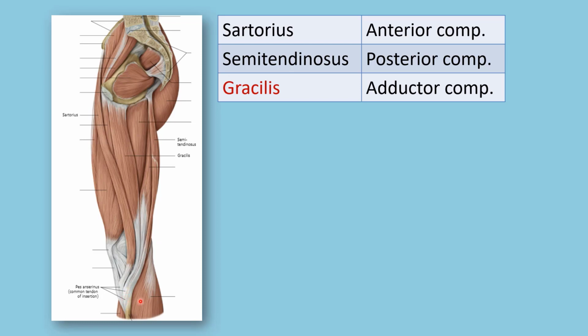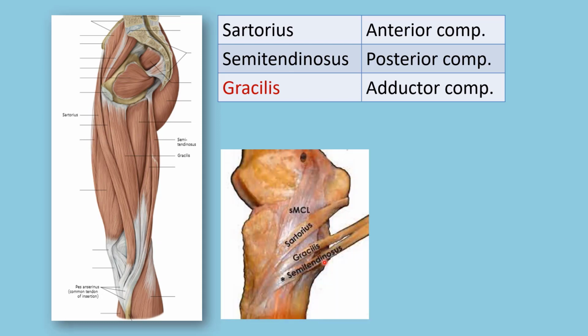They meet on the upper medial aspect of the medial condyle of the tibia. See, these are here. These muscles are coming from different parts of the hip bone. Sartorius is coming from the ilium, gracilis is coming from the pubis, and semitendinosus is coming from the ischium. Three different parts of the hip bone.